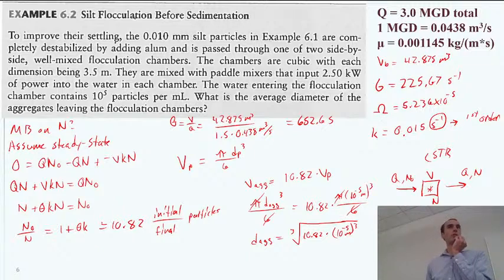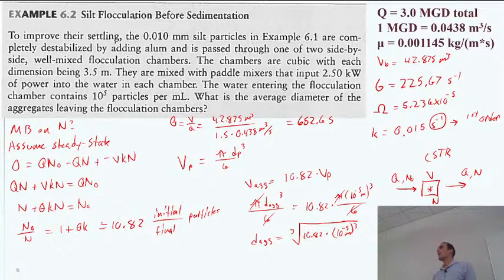Okay, so it should look something like this, where we say the volume of a sphere is pi over 6 times the diameter cubed. That'll give us a term we can use to find the diameter. In addition to that, we can say that the volume of each aggregate is 10.82 times the volume of each individual particle, of the starting particles.